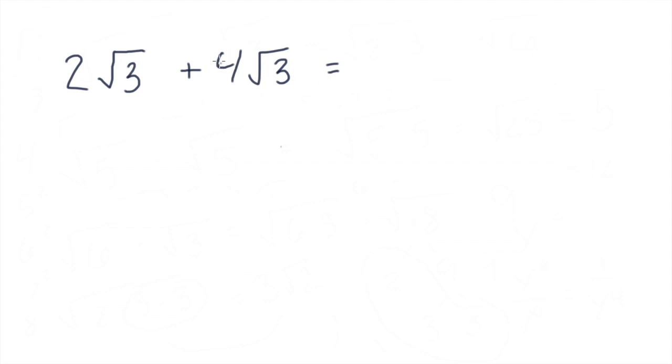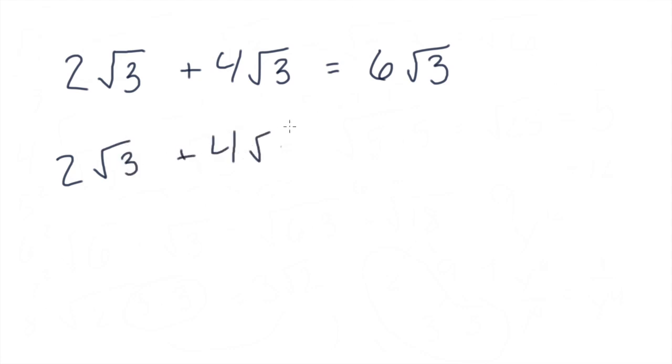In order to add these together, you would just add 2 plus 4, and that would give you 6 square root of 3. But if I had 2 square root of 3 plus 4 square root of 2, I cannot add these together because what I have inside of my square roots is different, which means they cannot be added together.